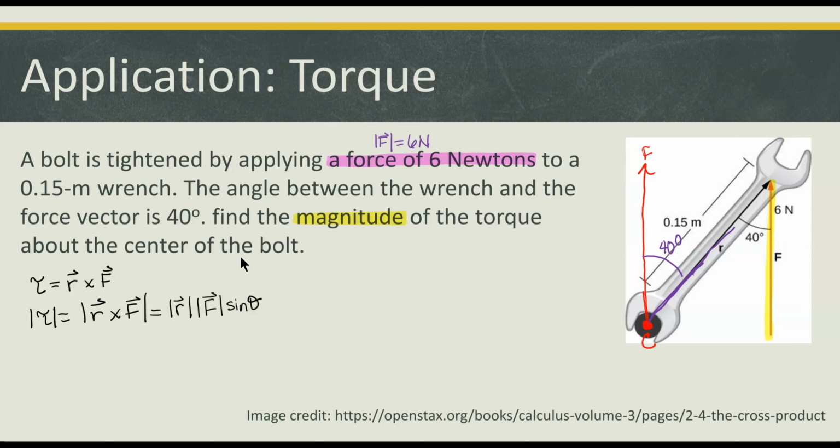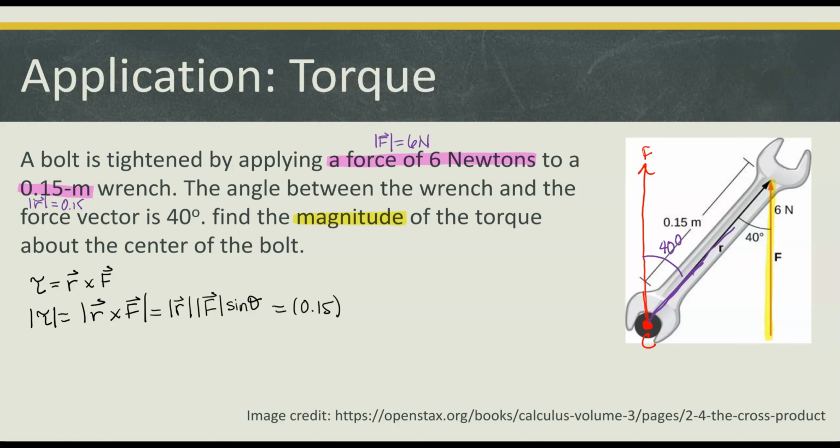We also know that the length of the wrench is 0.15 meters. So that is the magnitude of the lever arm, or the magnitude of R is 0.15. So we can use those two pieces of information. The magnitude of our lever arm, or the length of the lever arm, is 0.15.